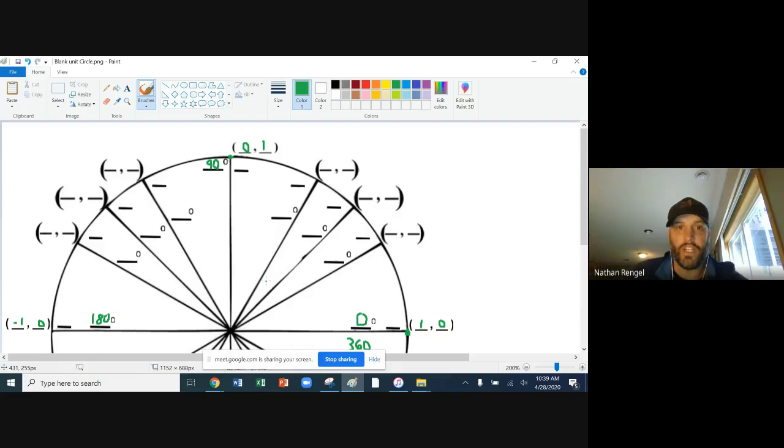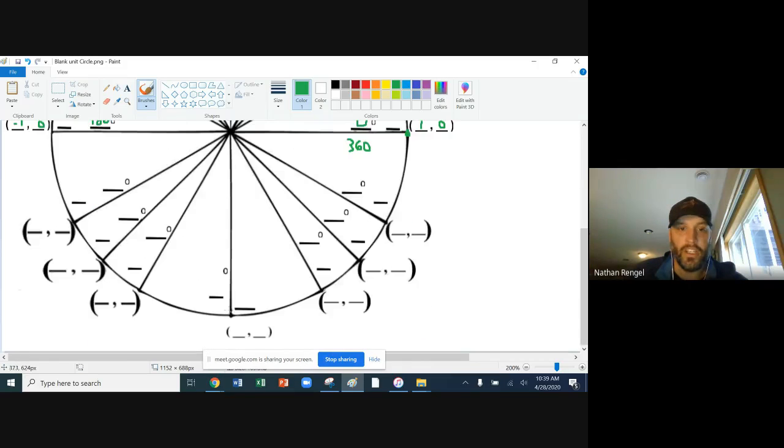I'm going to scroll down a little bit, and we'll head down to 270 degrees, which has an X coordinate of 0 and a Y coordinate of -1.